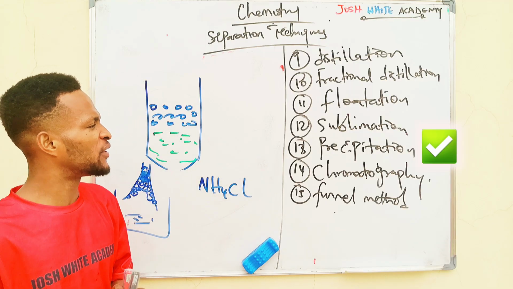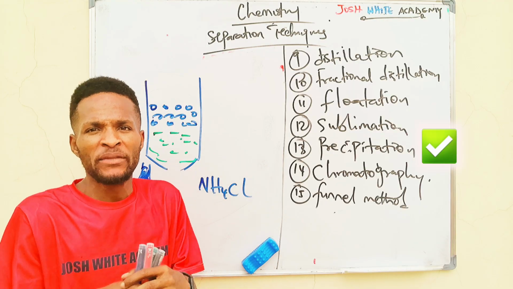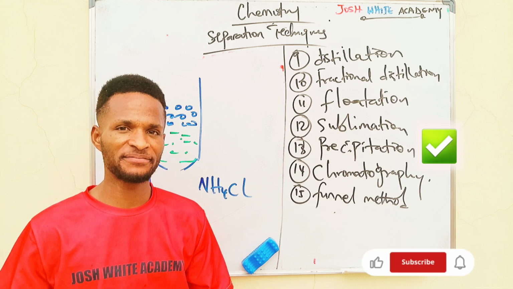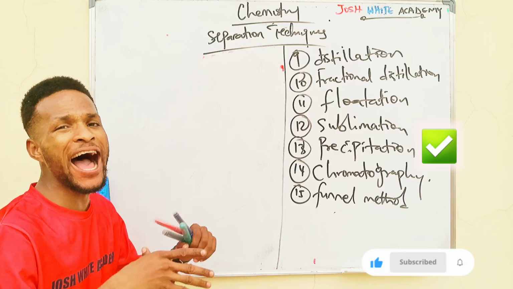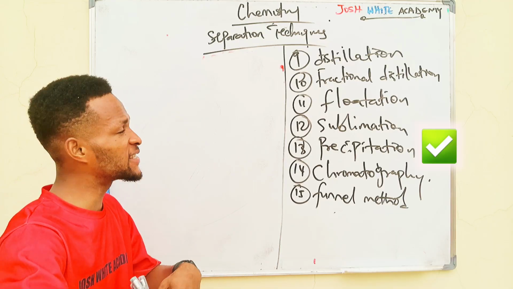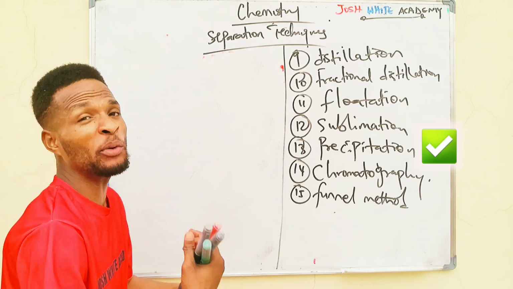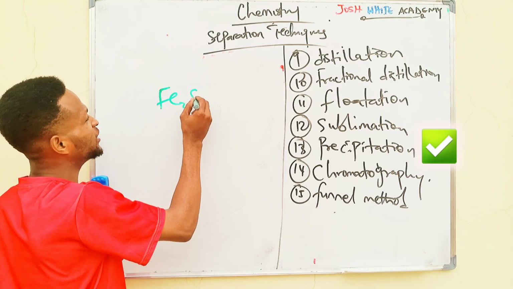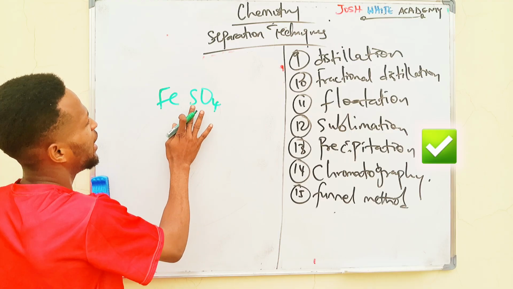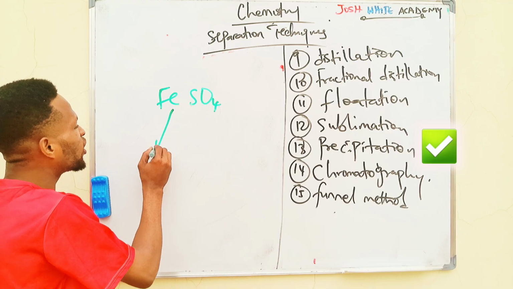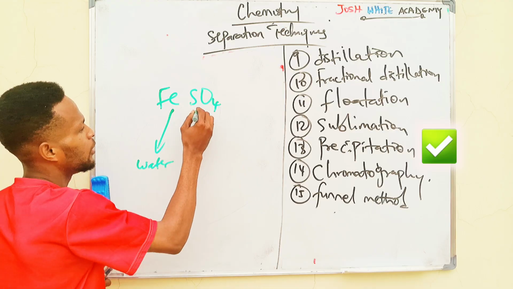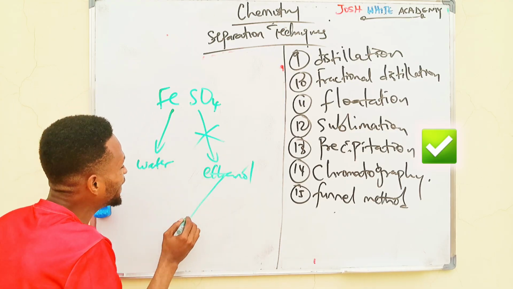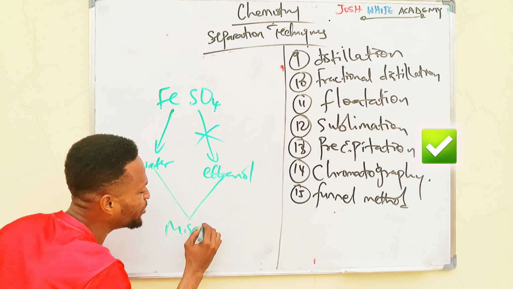Precipitation uses the differences in the solubility of a solid in two miscible liquids. For instance, iron sulfate is soluble in water but insoluble in ethanol. Iron(II) sulfate heptahydrate is soluble in water but not soluble in ethanol, and ethanol and water are both miscible.